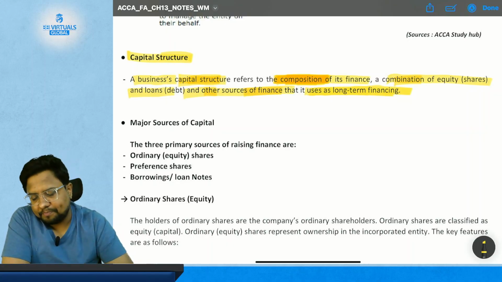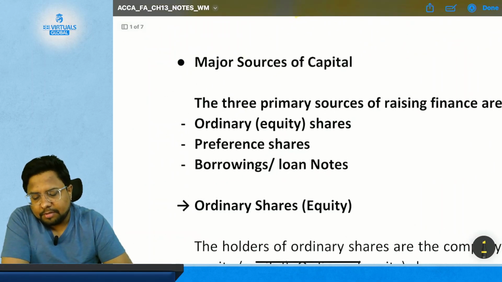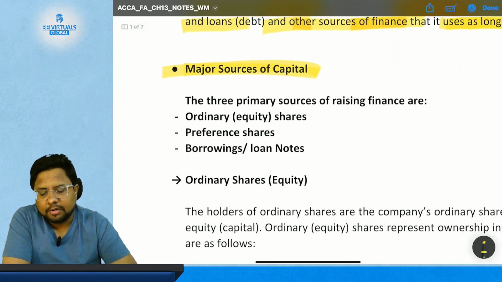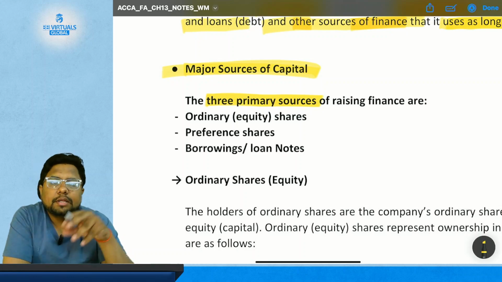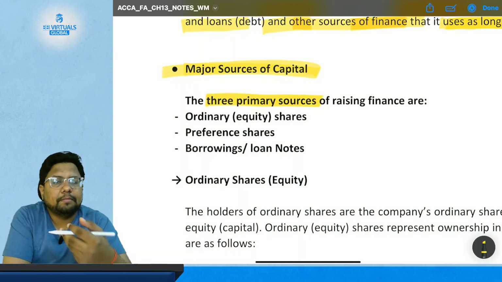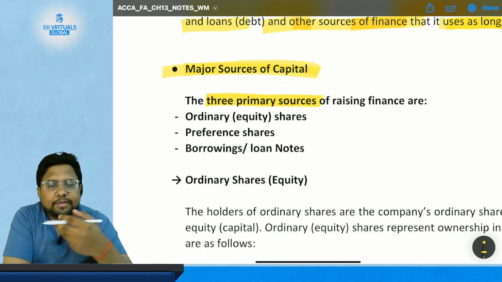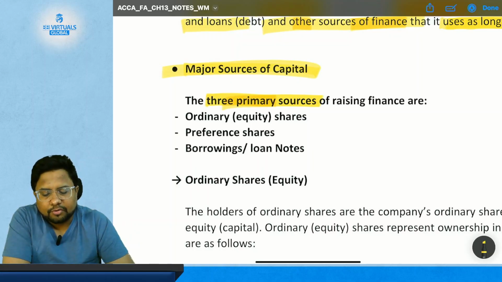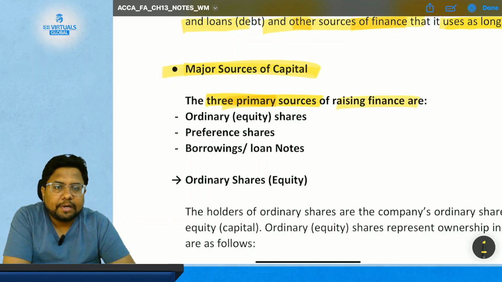Simple. Now we have the major sources of capital. There are three primary sources. These are not the only sources; you can have many sources as the market changes, but these are the three primary sources for raising finance for the limited liability company.